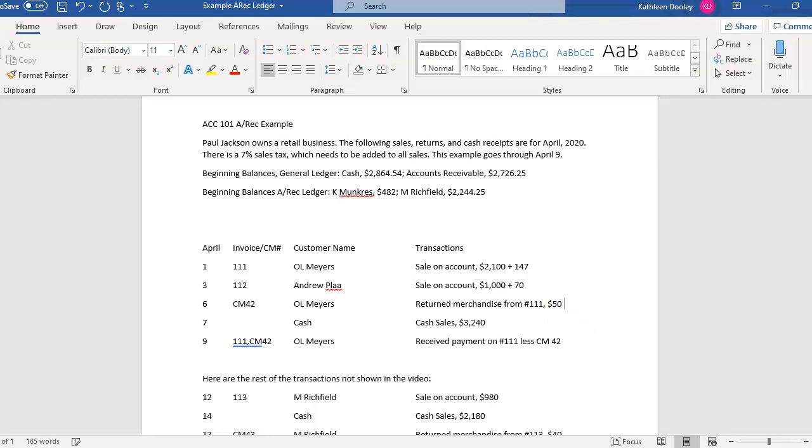If you return something to Walmart, you expect to get your money back, including your sales tax. So we have to calculate out the sales tax here as well. So we're going to take the $50 times 0.07, and we get $3.50.